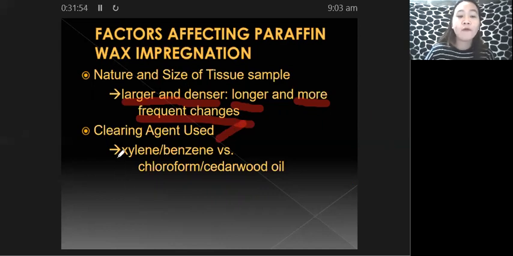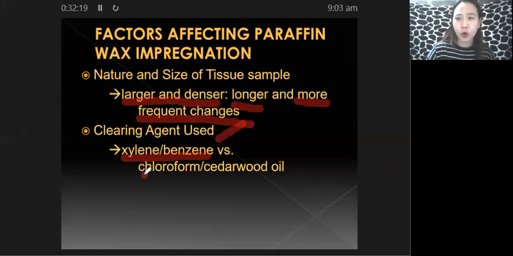If we compare xylene or benzene versus chloroform and cedarwood oil, xylene and benzene are easier to remove and to be replaced as compared to chloroform and cedarwood oil, which are more difficult to remove and to be replaced.